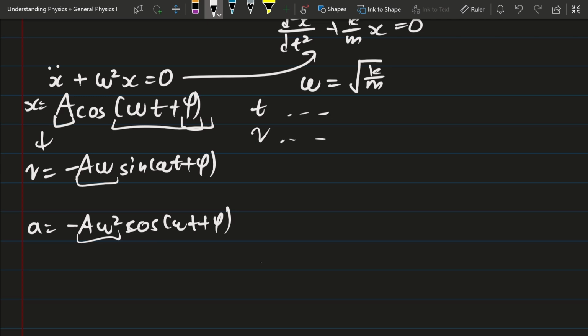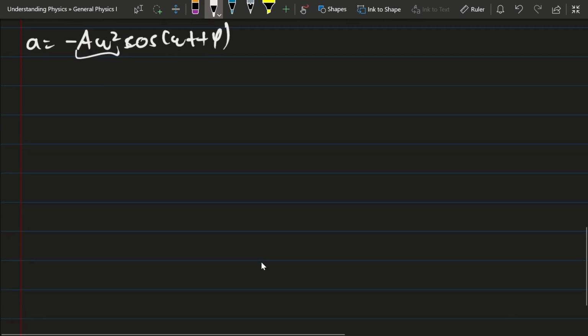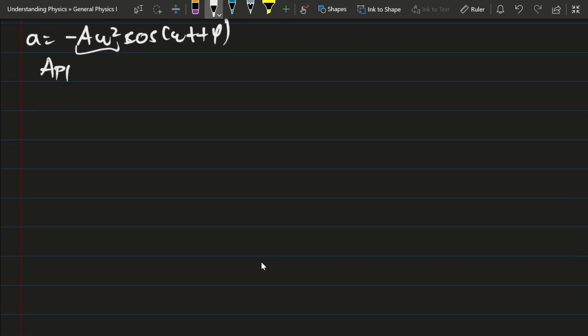So what are the applications of this simple harmonic motion? One of the applications is looking at a vertical mass spring system.